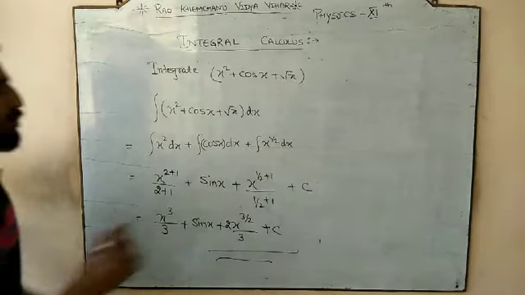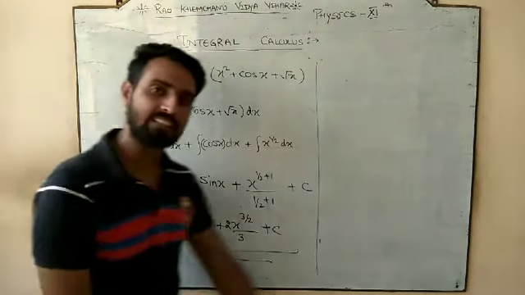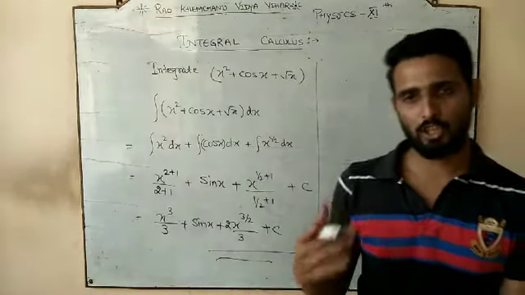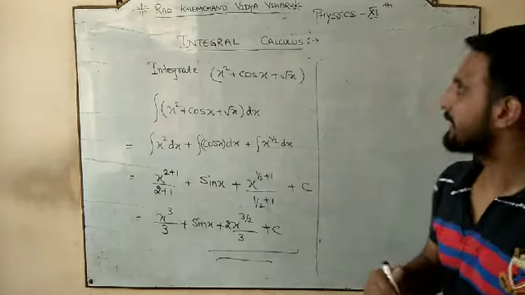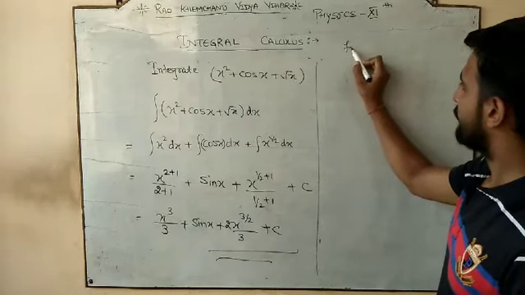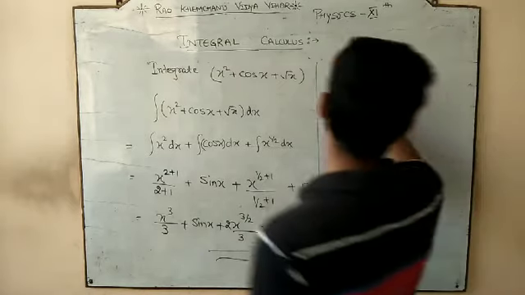If you want to check whether we are doing the correct integration or not, we can do this. अगर आप इसे check करना चाहते हैं, so I want to again revise: if we do differentiation, you can write it in this manner.